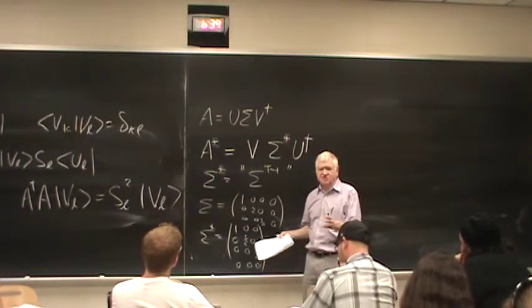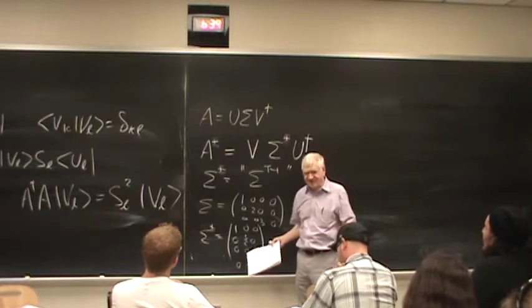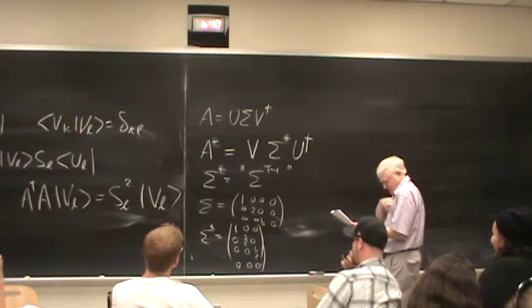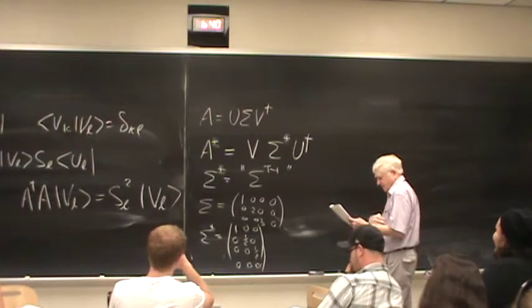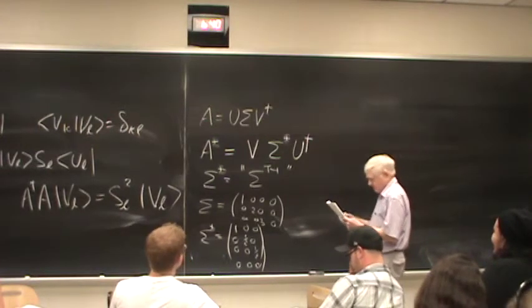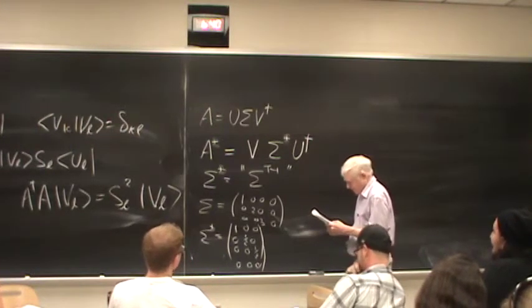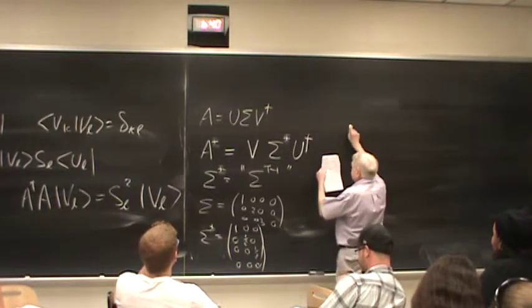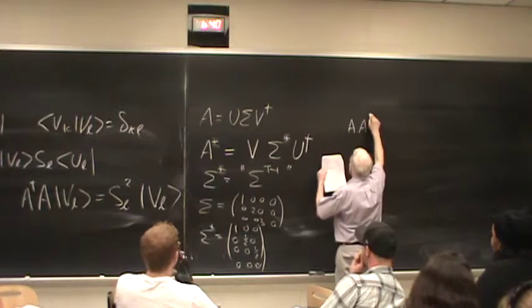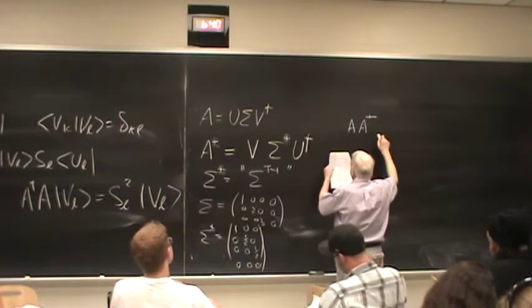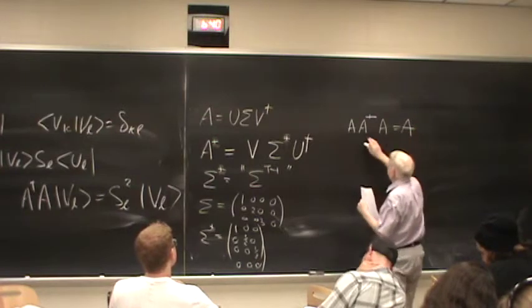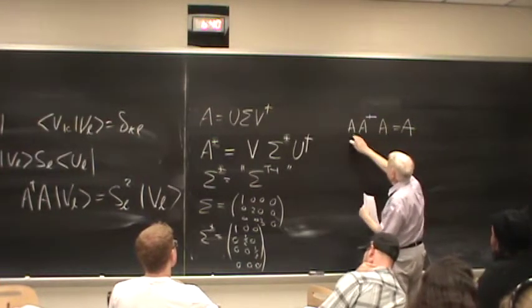Now if they're 0, you just leave them as 0, you don't write the infinity. All right. So, what are the properties of these? The properties are A plus, I'm going to write the plus this way. So that's like A inverse A would do this.